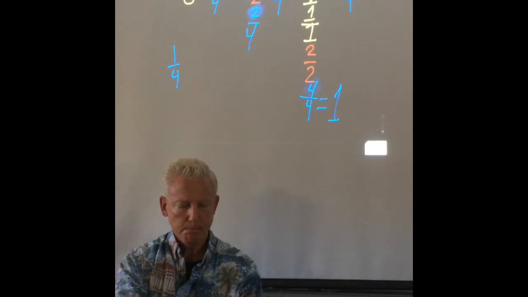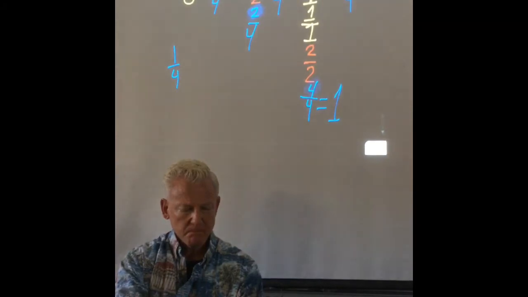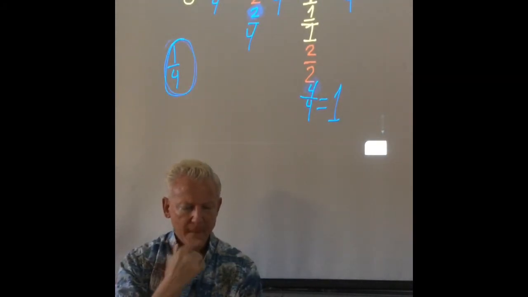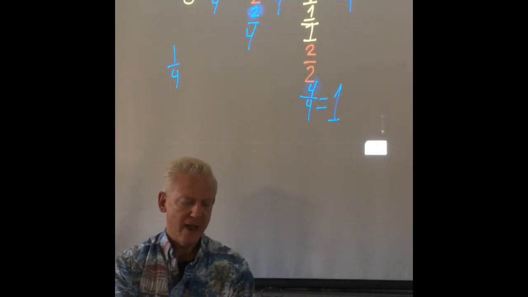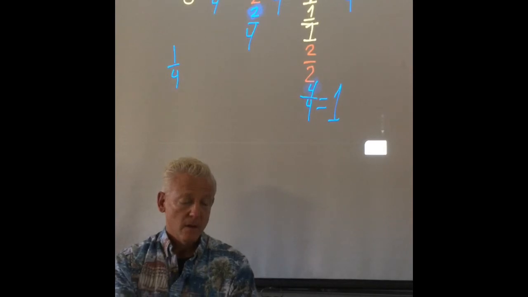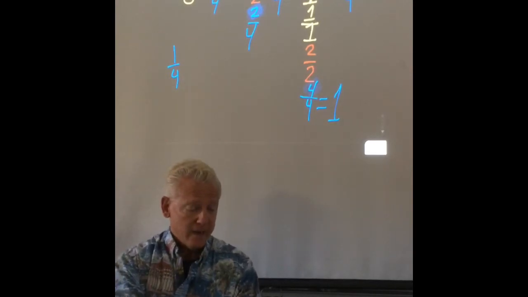Take away 2. Hmm? How do you take something away from this? That's not going to work. How could I turn it into a half? Well, I just need to add another 4th, right?